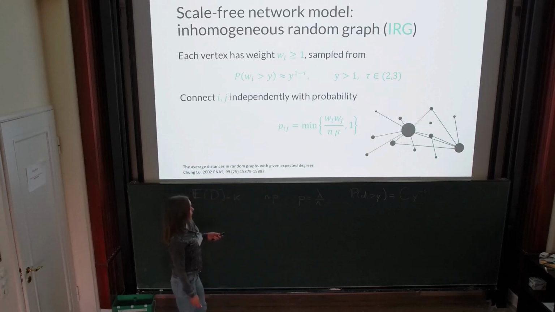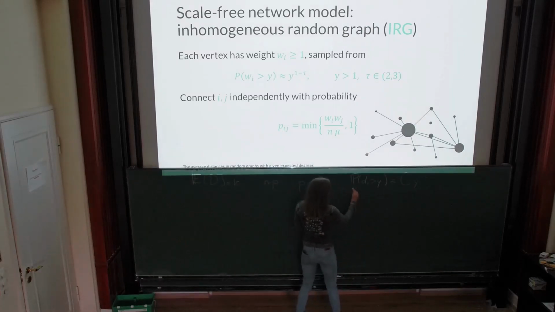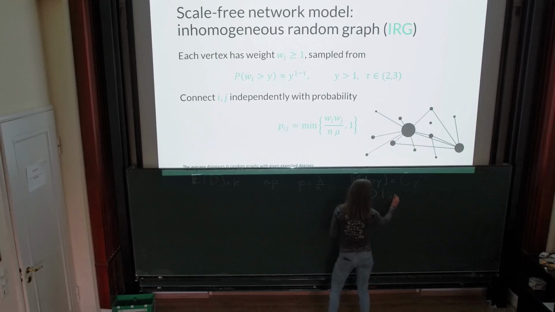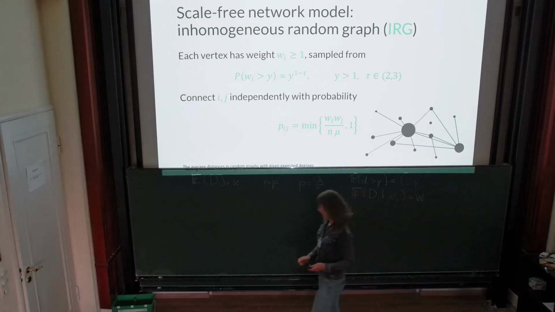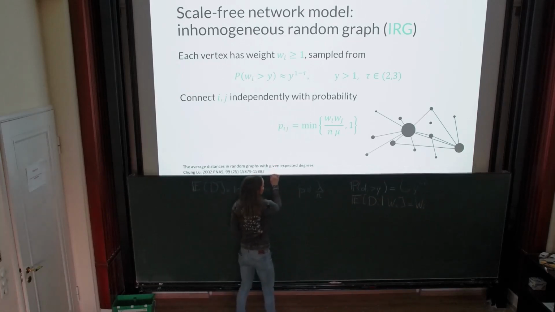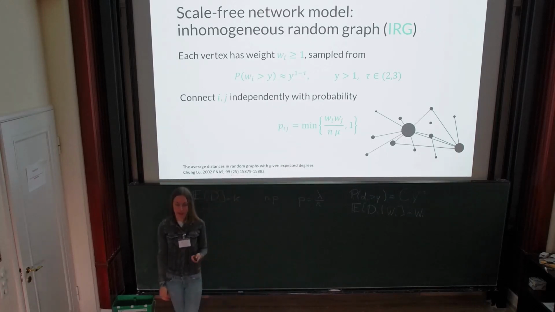And what you can actually show in this model is that the expected degree of vertex i given the weight of vertex i is actually equal to the weight of vertex i. And this is basically just calculating this probability and summing that.